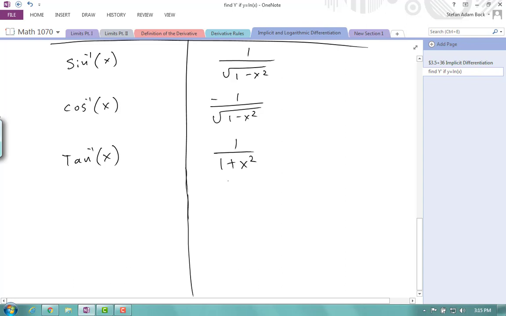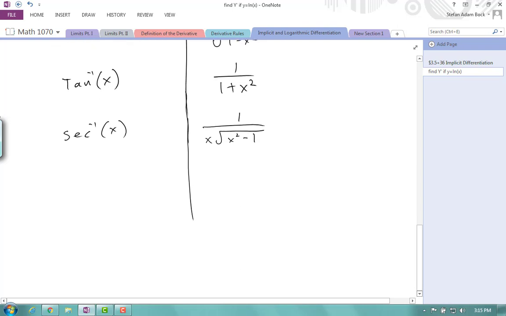This is one that I actually do remember because we use it a lot, especially in calculus 2. Secant inverse will give me 1 over x times the square root of x squared minus 1. And cosecant inverse will give me the negative of that: negative 1 over x times the square root of x squared minus 1.